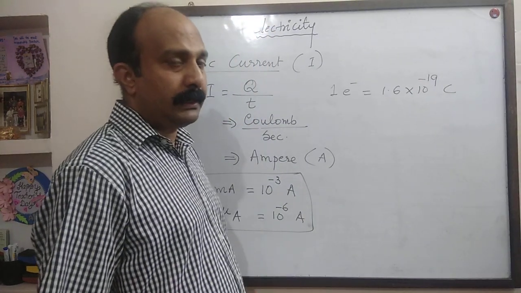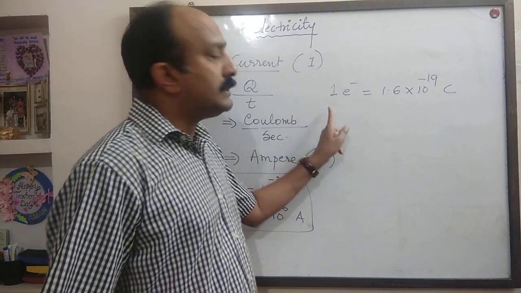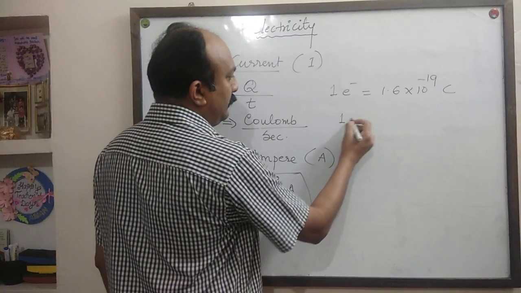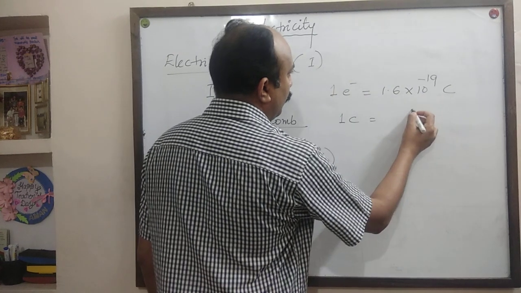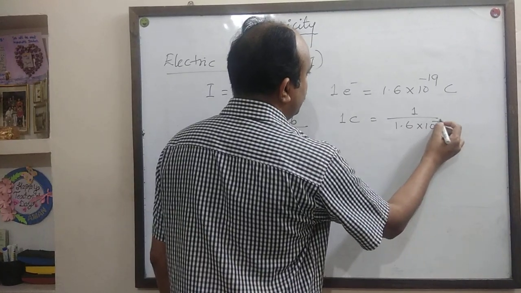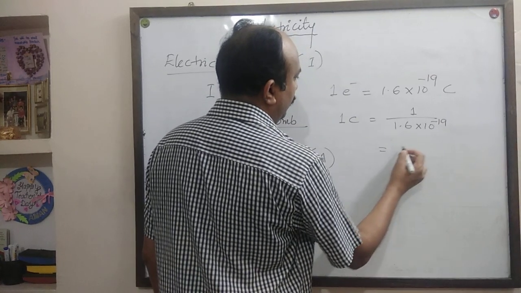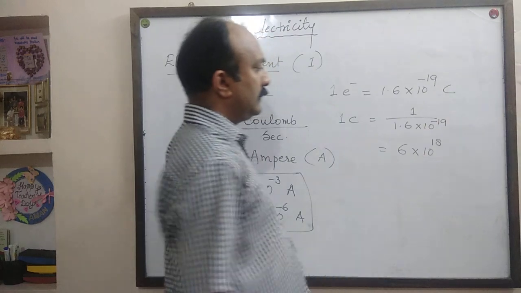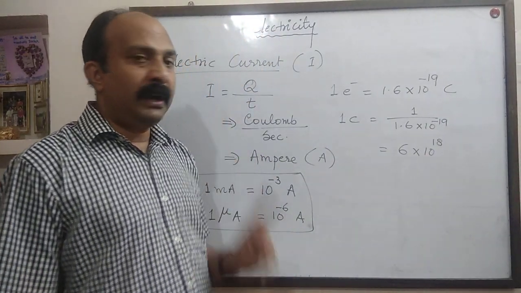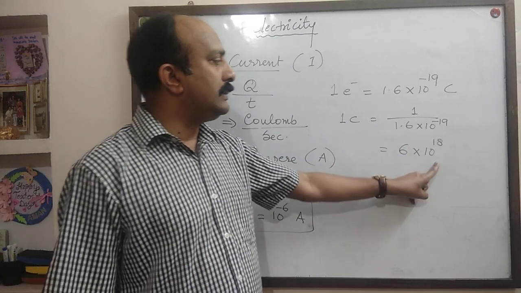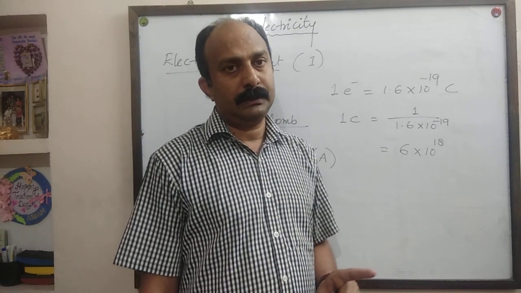So, let us calculate how many electrons are needed for making 1 coulomb. 1 coulomb is equal to 1 upon 1.6 into 10 raised to minus 19. This will come about 6 into 10 raised to 18. So remember, 1 coulomb consists of 6 into 10 raised to 18 electrons.